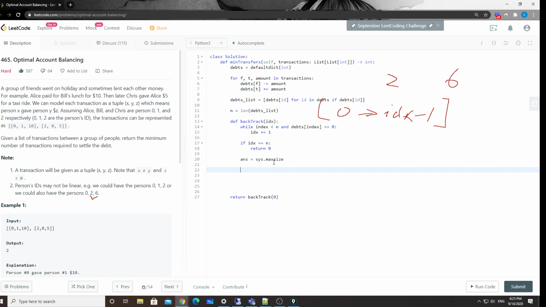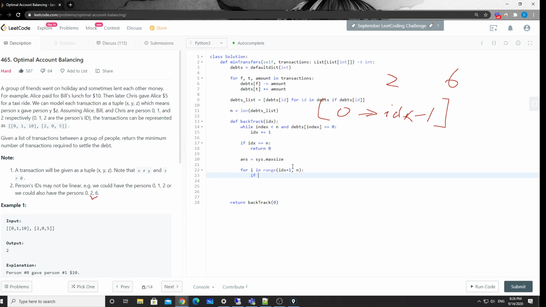So we need to check what counterpart can settle our debt. Since everything before the index is settled, which means their debt is 0, we only need to look from the current index plus 1 to n.